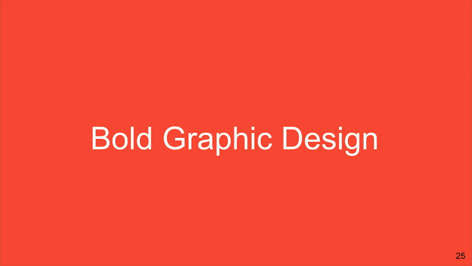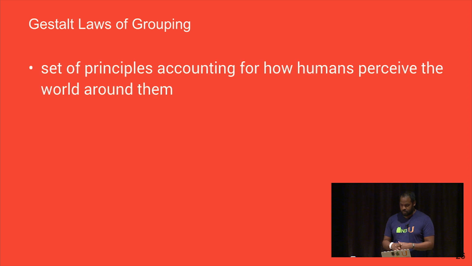All right, cool. So the next thing I'm going to talk about is bold graphic design. This is the part of the material design spec that comes from great print design. The first thing is the Gestalt laws of grouping, and this is kind of a trick from your brain for how you perceive the world. For instance, in this room, I can see that there are a bunch of kids on the side, a bunch of young adults.